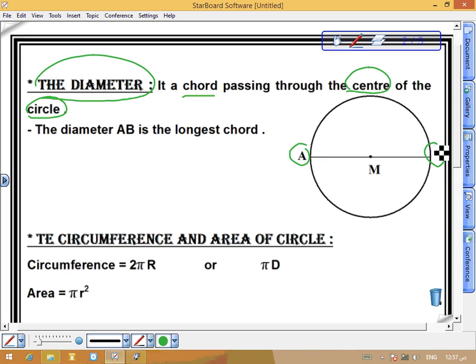The points A and B lie on the circle, and it passes through the center. We must note that the diameter AB, or any diameter, is the longest chord in the circle. Any other chord is shorter with respect to the chord AB.